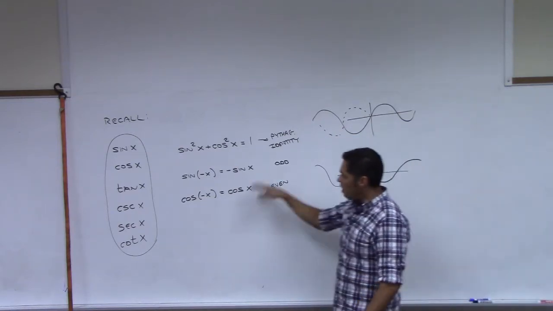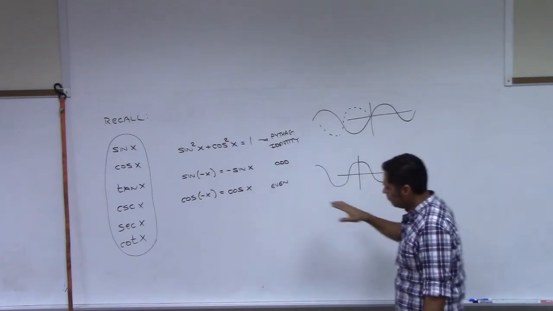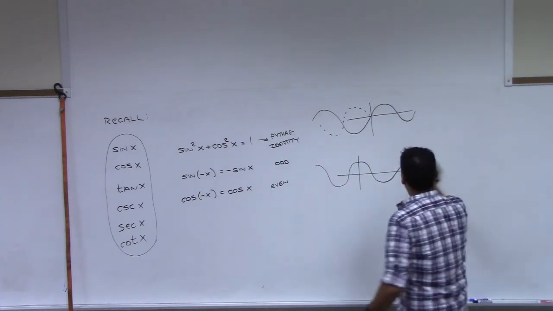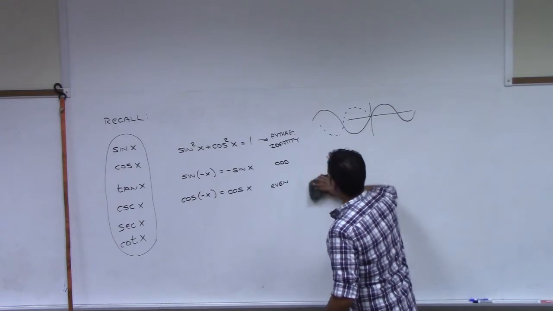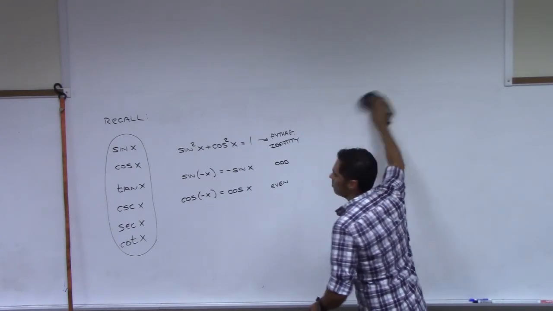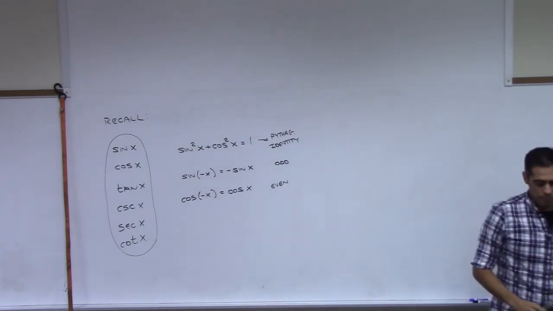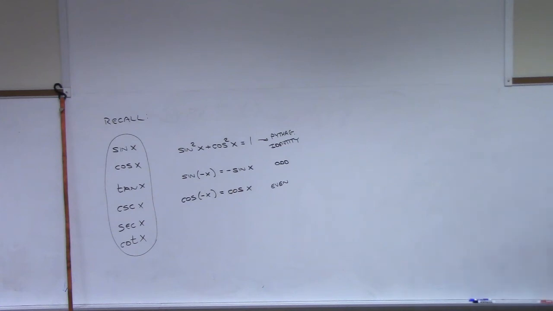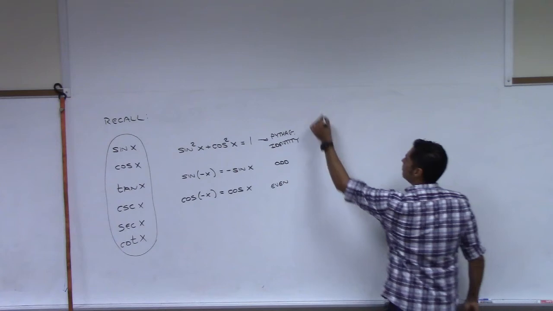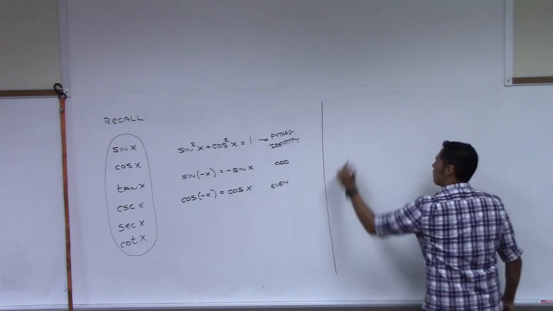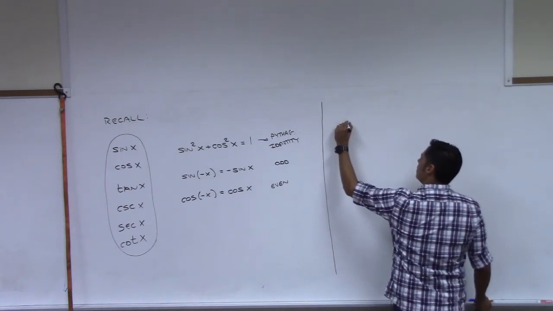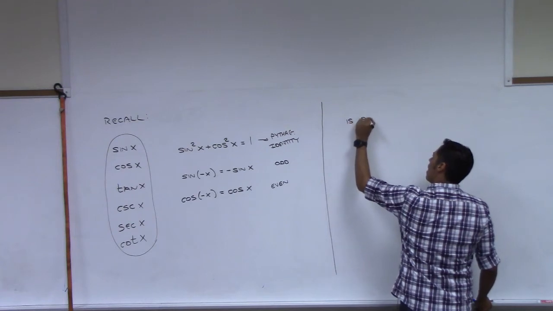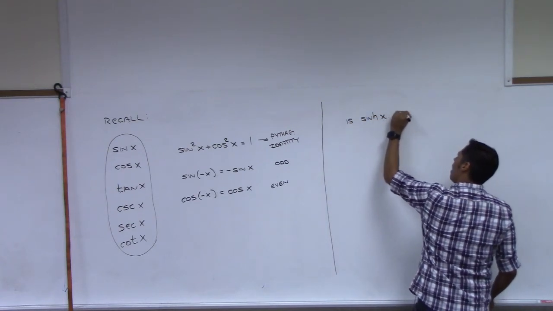All right, so these properties we had, right? And there's a bunch more. I'm curious whether or not we have the same properties with the hyperbolic functions. I wonder if sine hyperbolic is odd. So this is a question. Is sine hyperbolic x odd?